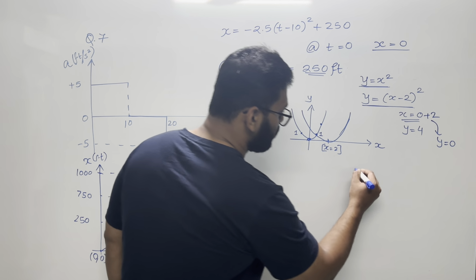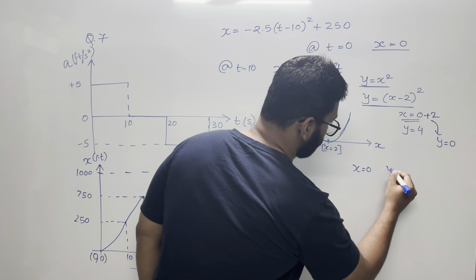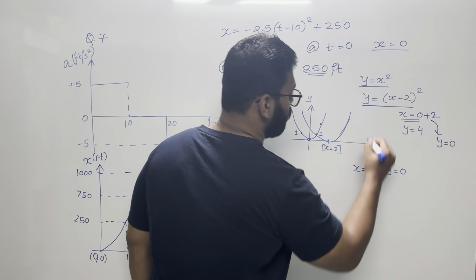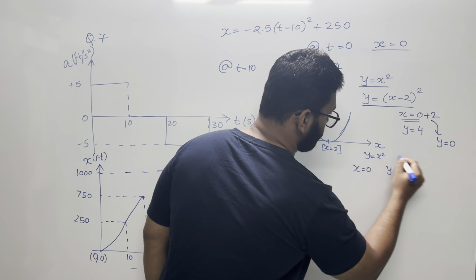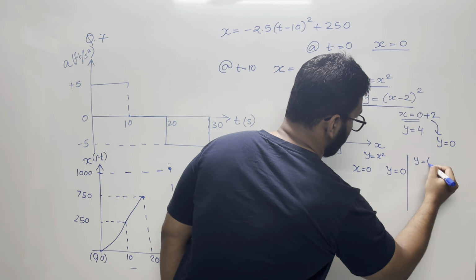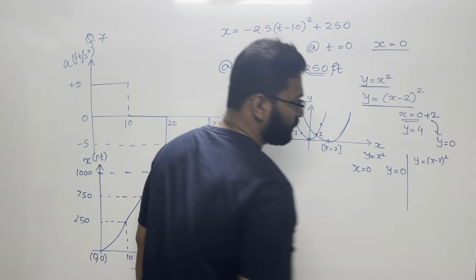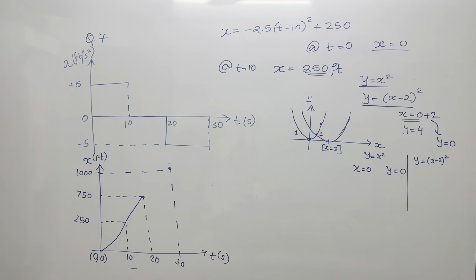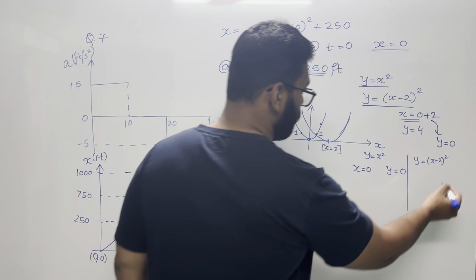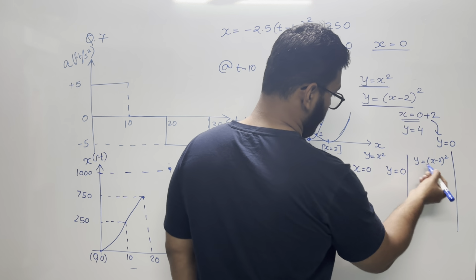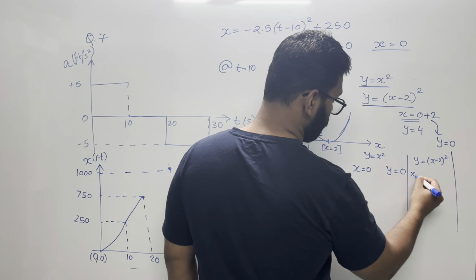If you don't get it, I am again explaining: for x equal to 0, you are getting y equal to 0, for y equal to x square. And for y equal to x minus 2 whole square, is it visible? Yeah. For x minus 2 whole square, to get the same value, my input should be 2.